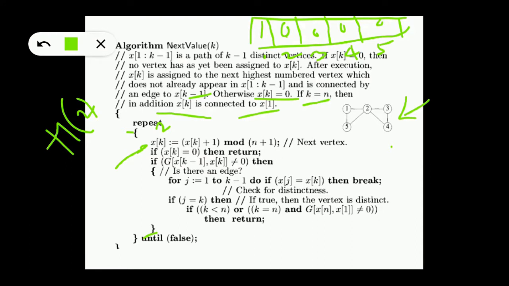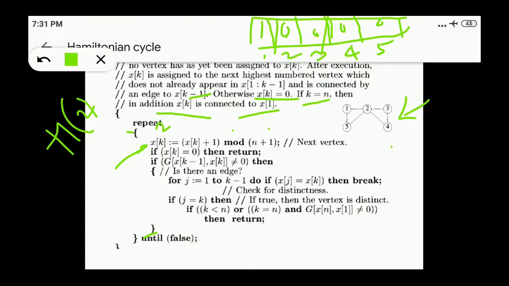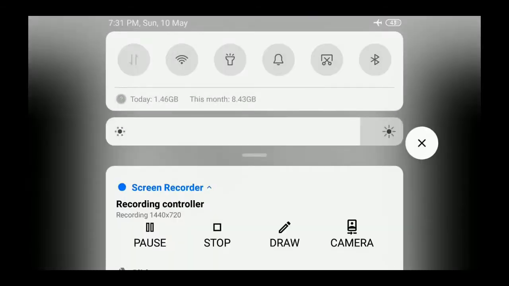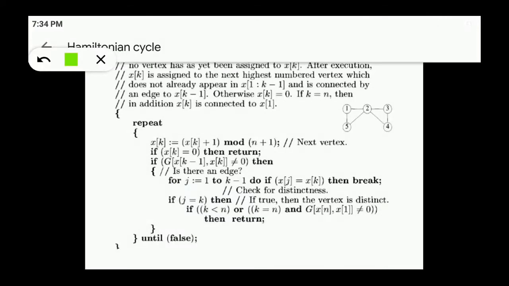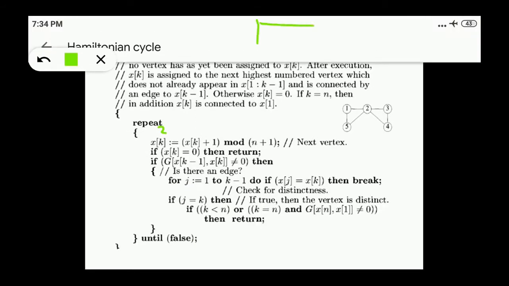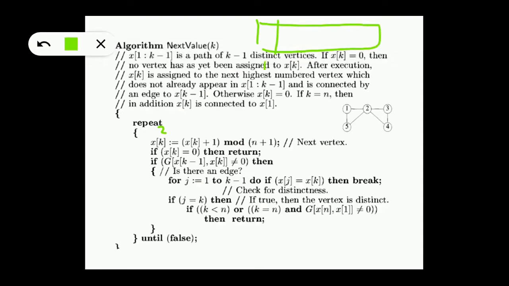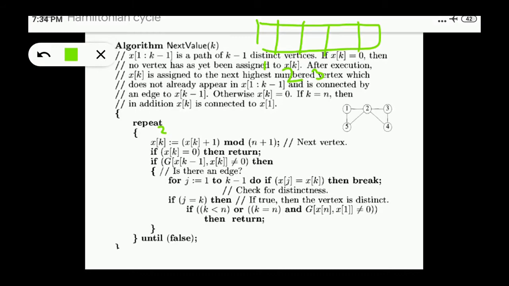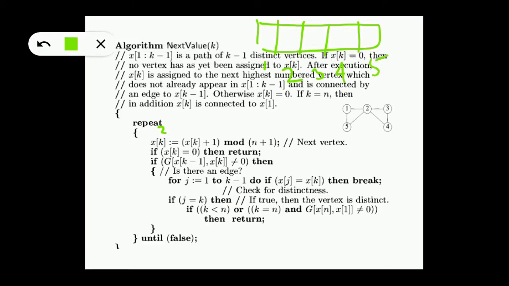So x of 1 will be initialized to 1, x of 2 will be set to 2.